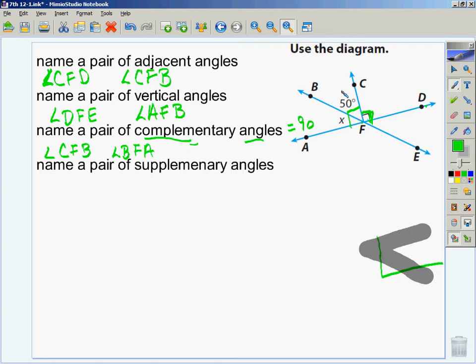So wouldn't it be CFA? Okay, CFA itself is 90 degrees. Yeah, that's what I'm saying. To be two angles that add up to 90 degrees, I need two angles. CFB, that's one angle. BFA, that's the other angle, but together they equal what? 90. Okay? To be supplementary, they have to add up to equal 180.